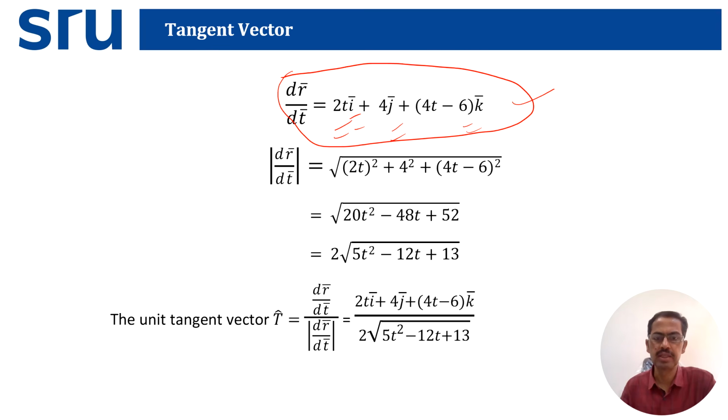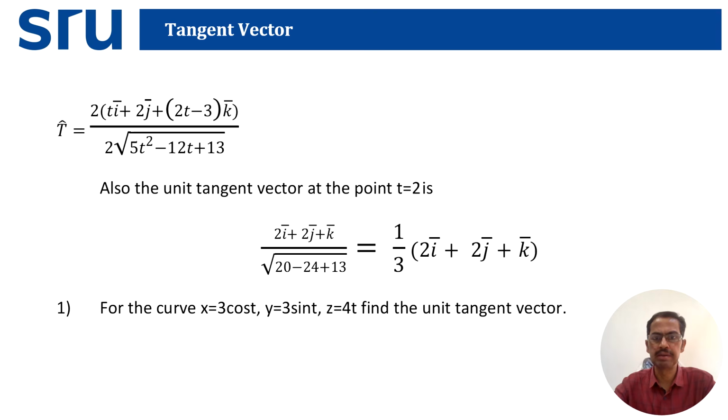This gives 20t square minus 48t plus a constant, under the square root, so take out 2. So the unit tangent vector t cap is equal to this. This is the formula for the unit tangent vector. So what we need: first r bar, the position vector, then differentiation with respect to time or any variable, and divide by its magnitude.